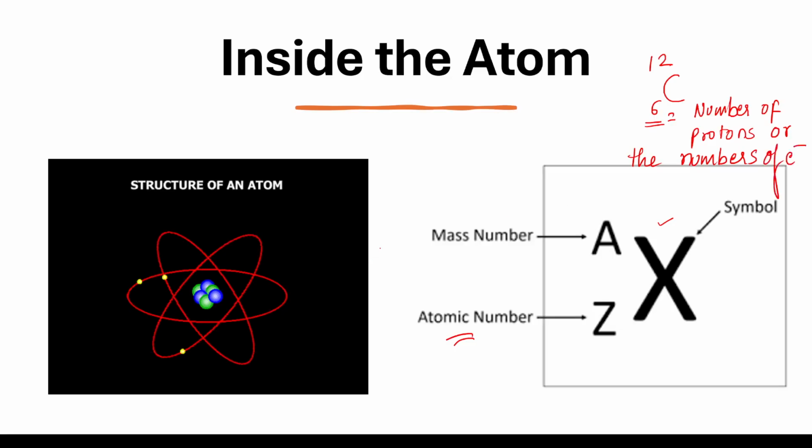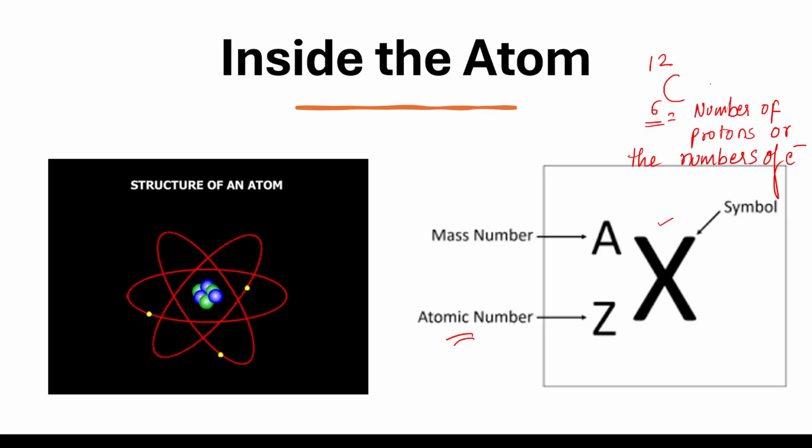The number of protons or electrons, and this 12 here is called the mass number, which is the number of both protons and neutrons. So that's about the atomic number and the mass number.